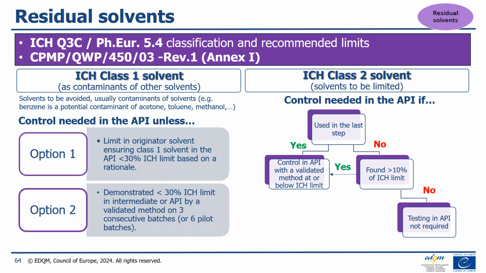Class 1 solvents are usually not used, but they are present as contaminants in other solvents, such as benzene, which is a potential contaminant of acetone, toluene, or methanol.